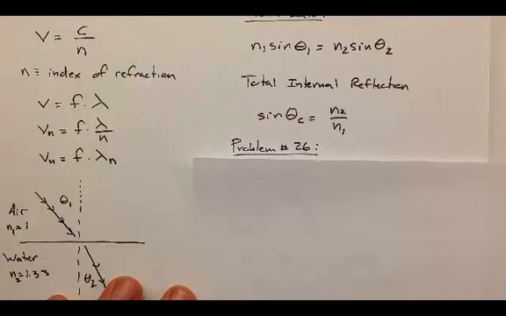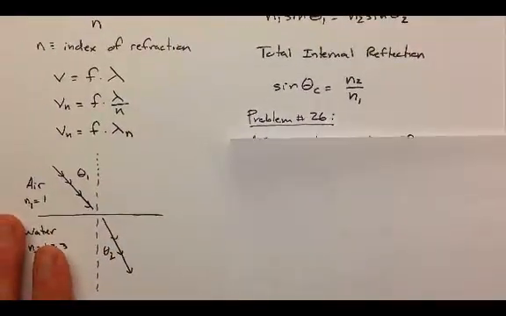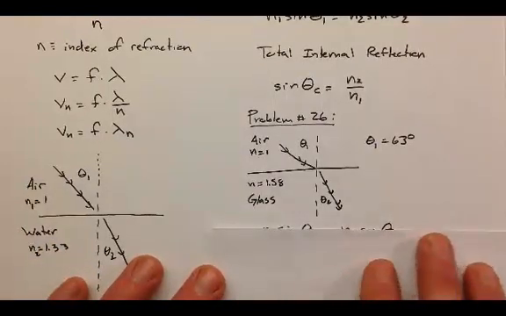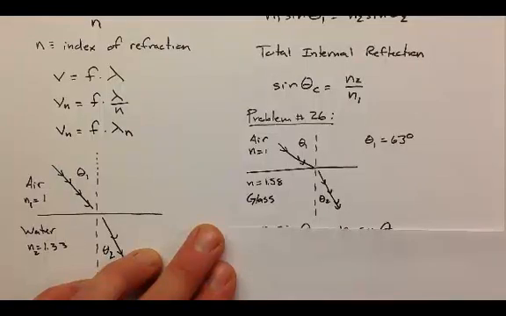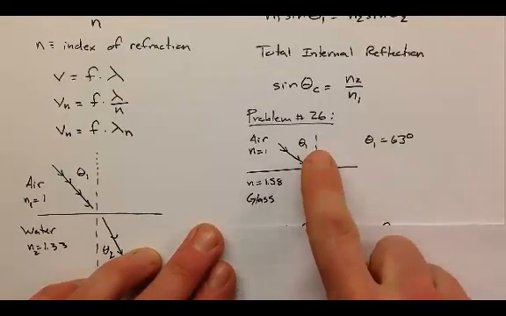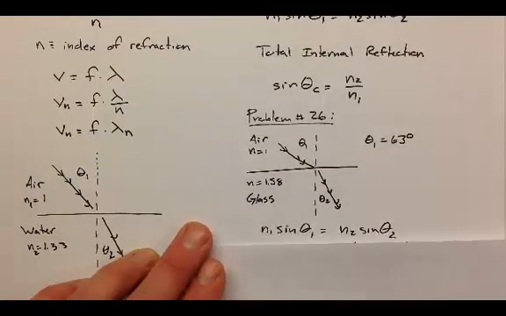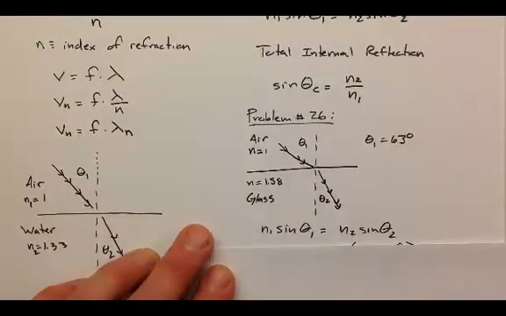Let's use some of this information to solve a problem. Let's go for problem 26 here out of chapter 23. So in this problem, it says that a beam of light is incident onto a plate glass, and it's incident at an angle of 63 degrees. At what angle will it come through the glass to the other side? So light is bending here as it enters the new medium.